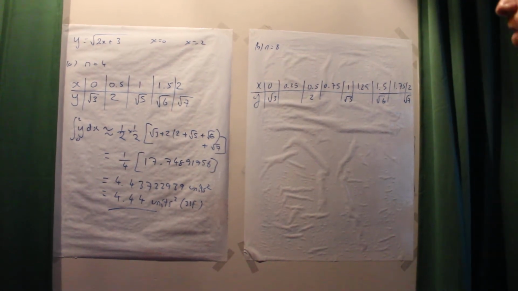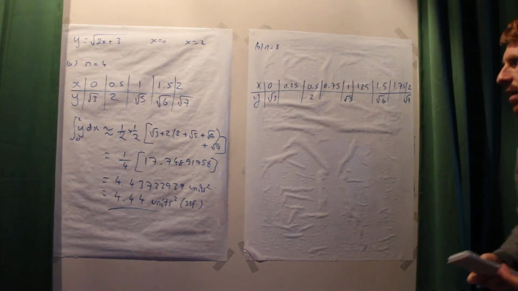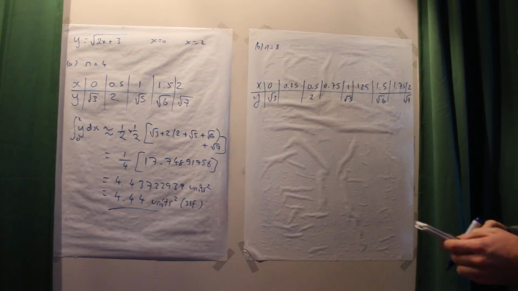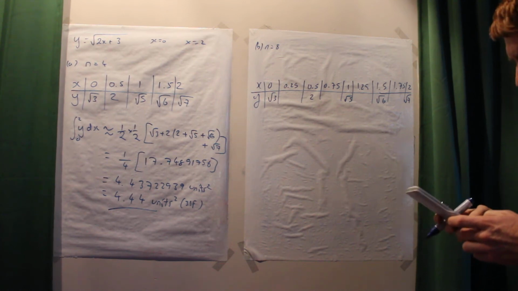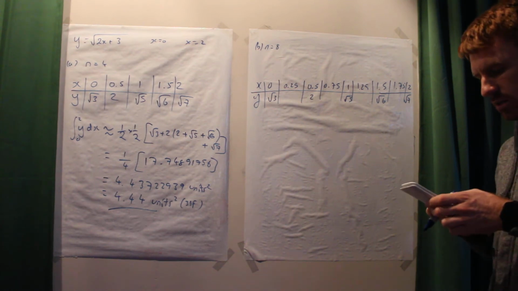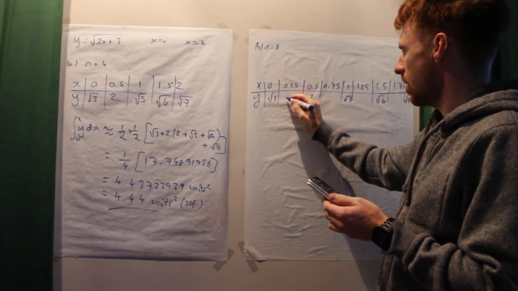So 0.25 times by 2 plus 3, all of that jazz, and you would fill in what you can for the other values. So typing those in, let's say I've got the square root of 3 plus 2 times 0.25, just to make sure I get a nice simple form. This is root 14 over 2, okay?